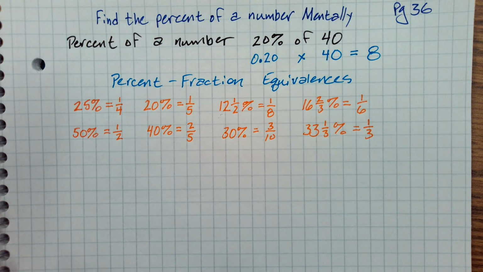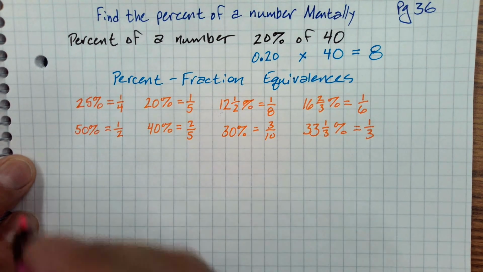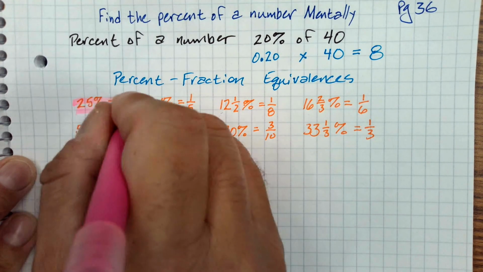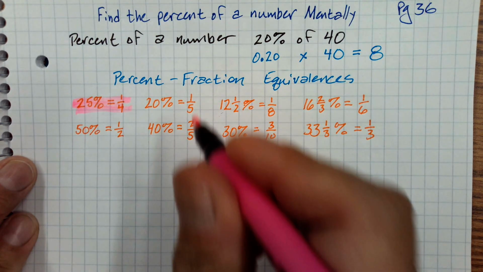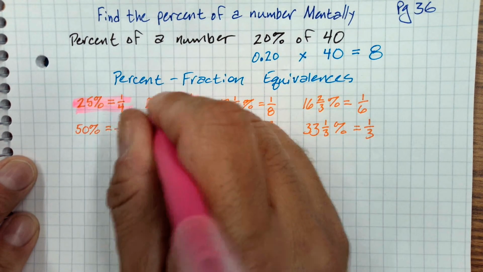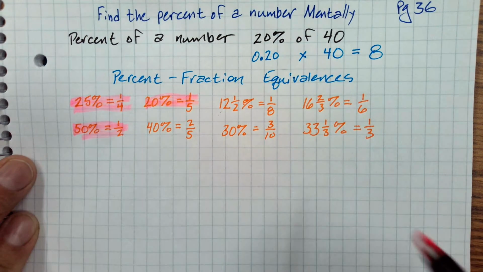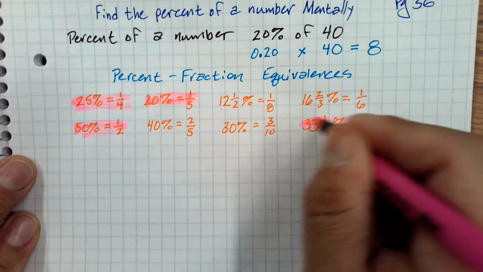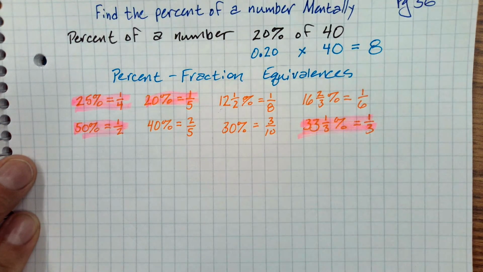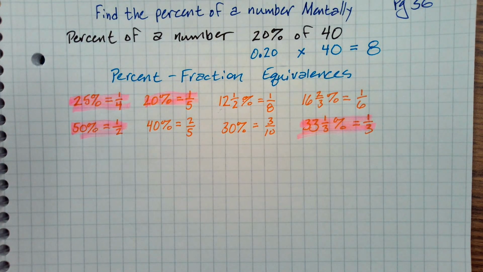Which ones are popular that we see in the real world? Definitely 25, 20, 50, 33 and 1/3. Those are more popular ones.